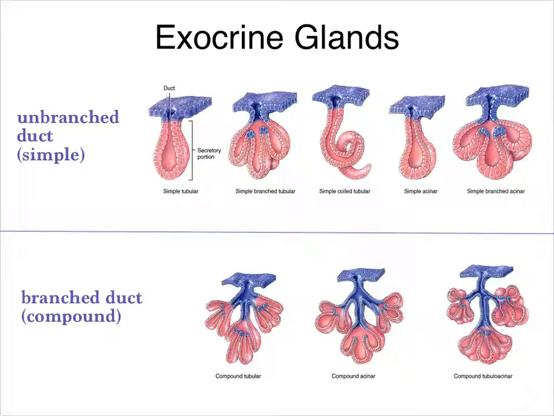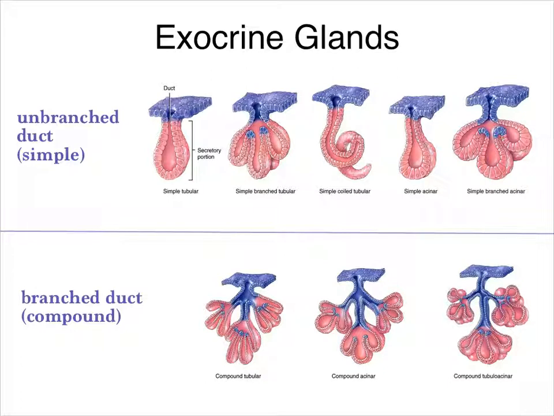In this case, pretty much always onto the surface of the skin, but usually it would be into an open area, a lumen, perhaps intestinal or something like that, but it's going to be through a duct onto a surface rather than into the blood.